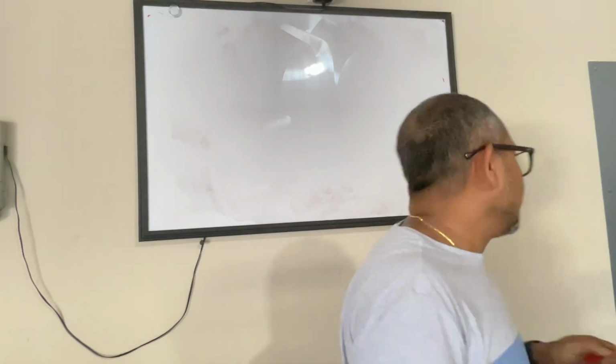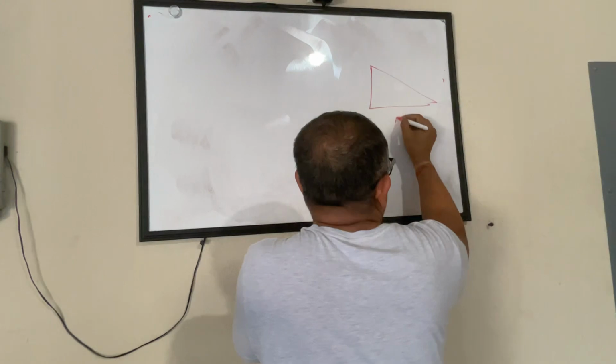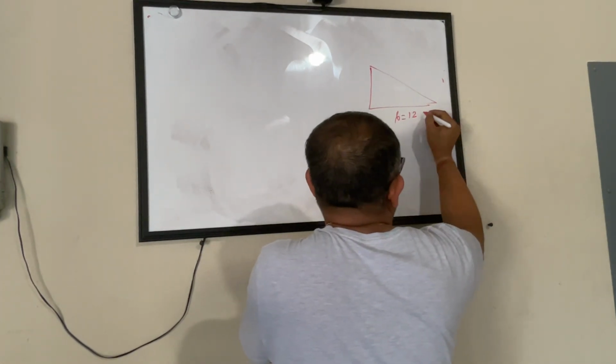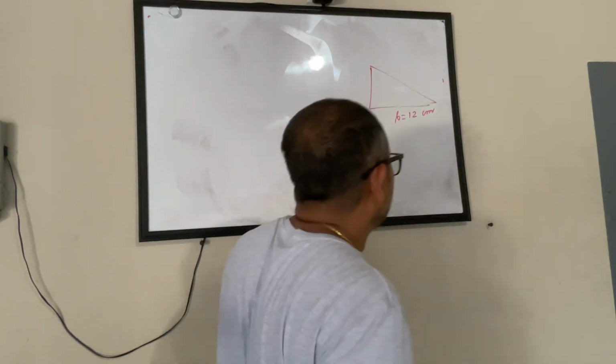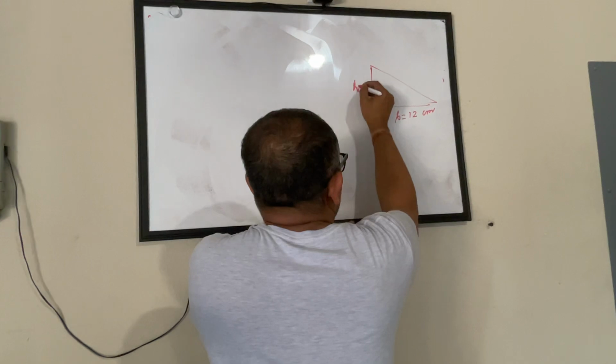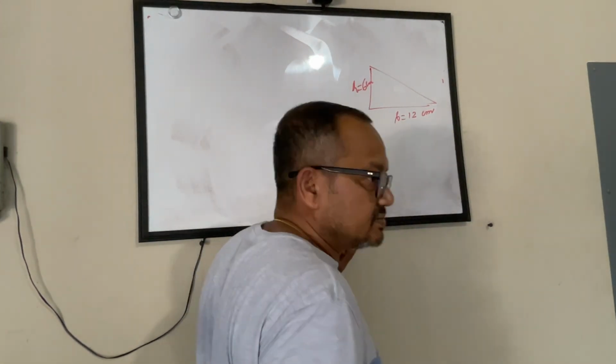There is a right triangle with base equal to 12 centimeter, okay, and height equals 6 centimeter, okay.